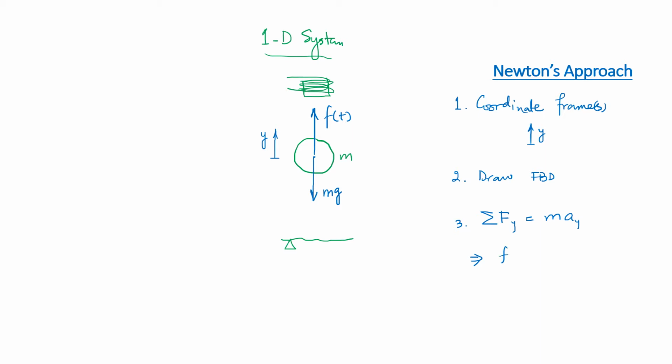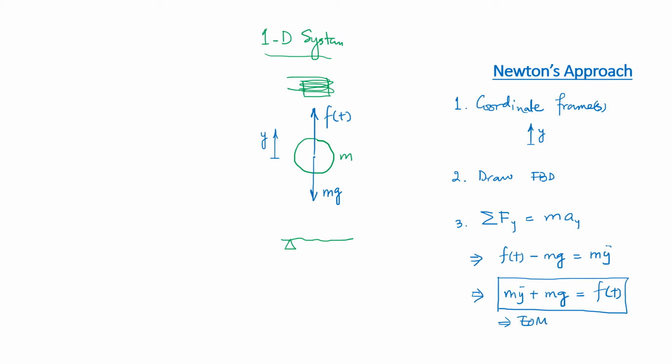So f of t is along positive y minus mg is going to be equal to mass times the acceleration along y direction, which is y double dot. And then you can obviously rearrange that like m y double dot plus mg on one side and the applied force on the other side. So that is going to be your equation of motion.